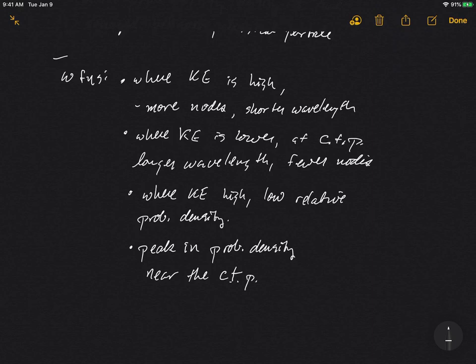And again, how near is of course somewhat of a judgment call. For v equals 0, v equals 1, it's not going to be so close to the classical turning point. As you get higher and higher, the quantum classical correspondence is better.